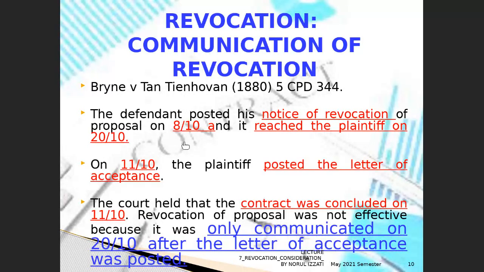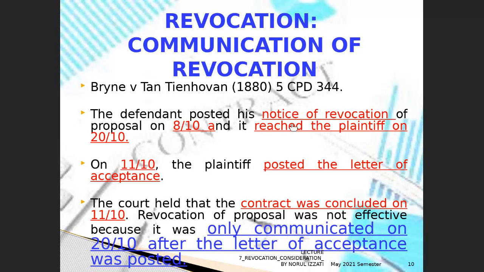You can see here, the court held that the contract was concluded on 11th of October. The revocation of the proposal was not effective because it was only communicated on 20th of October, after the letter of acceptance was posted.